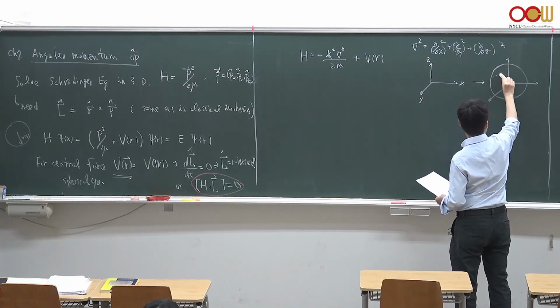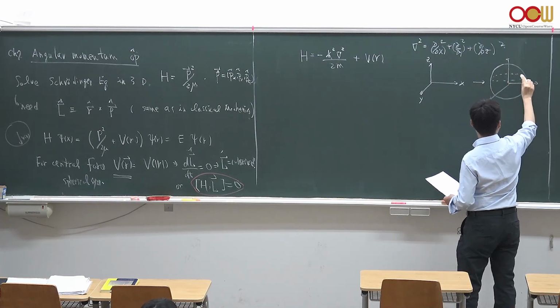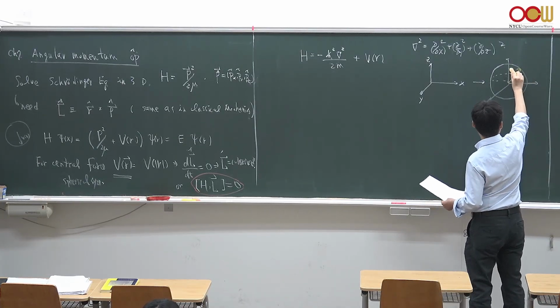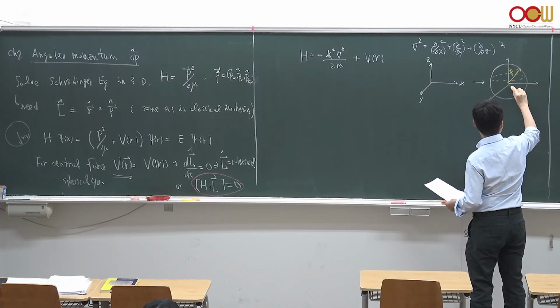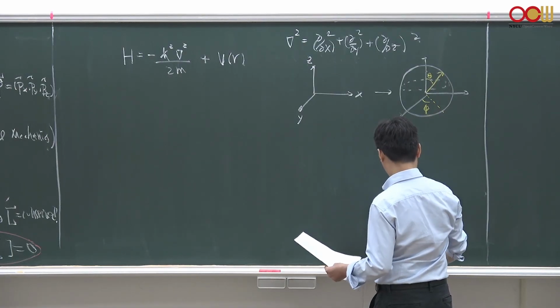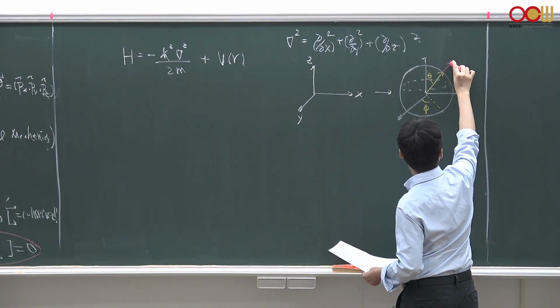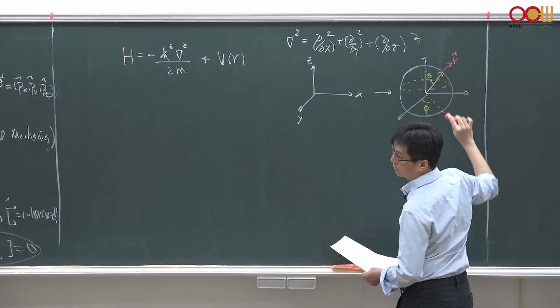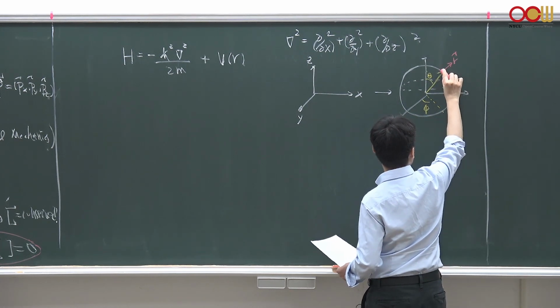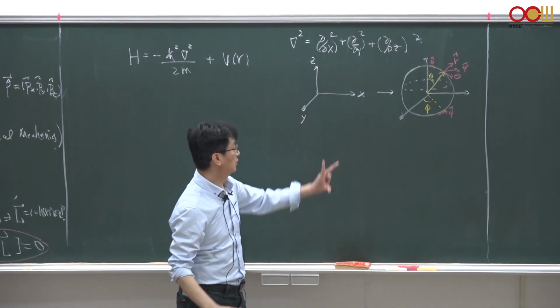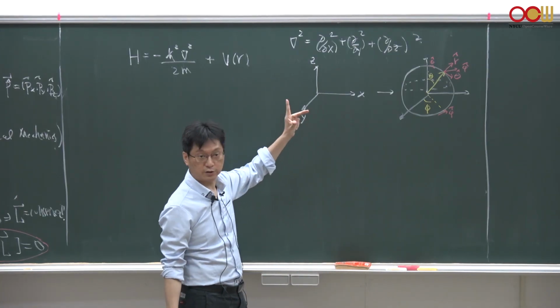So in the spherical coordinate system, we have 3 variables, r, theta, and phi, right? Then along these 3 directions, we can define a unit vector. And all of the 3 unit vectors are perpendicular to each other.